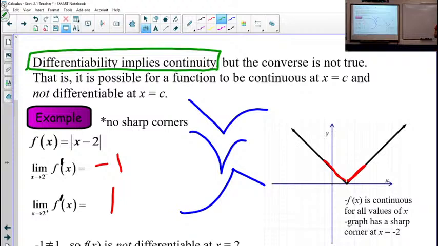As soon as we know that the function is differentiable, then we know that the function is continuous. Because in order for the derivative to exist, then the function has to exist and be continuous there.